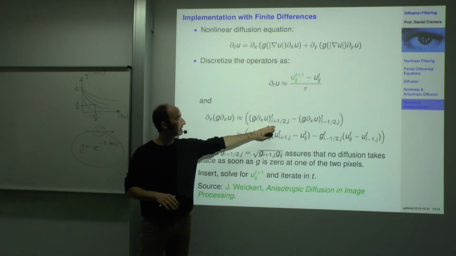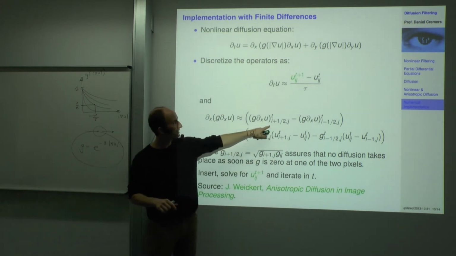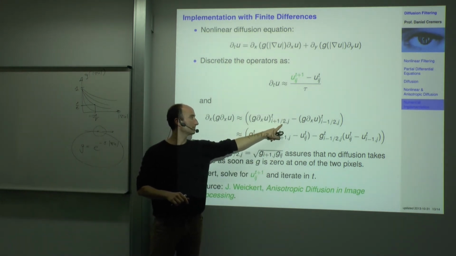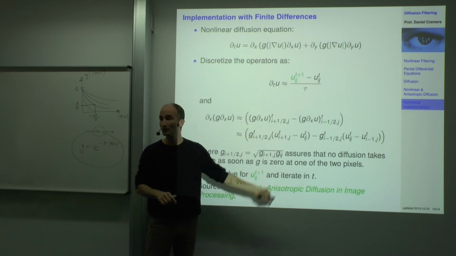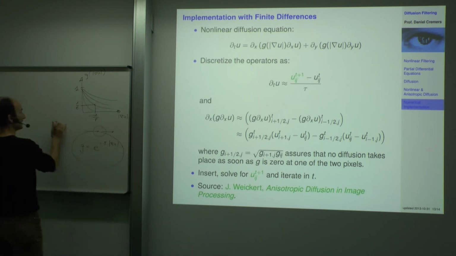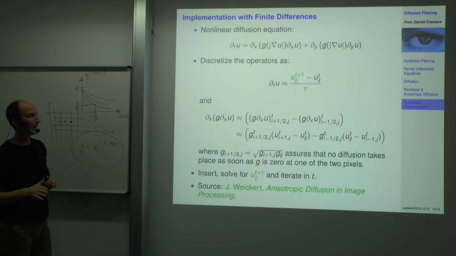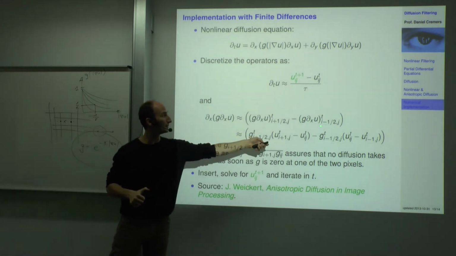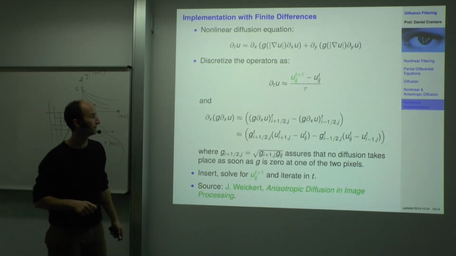What is clever about this discretization is that we take a half step to the right and a half step to the left in the first discretization. To draw that, if this is your pixel grid and we have the central pixel here, we don't go all the way to the right and all the way to the left, but we evaluate in between 2 pixels, i plus 1/2, i minus 1/2, and j.